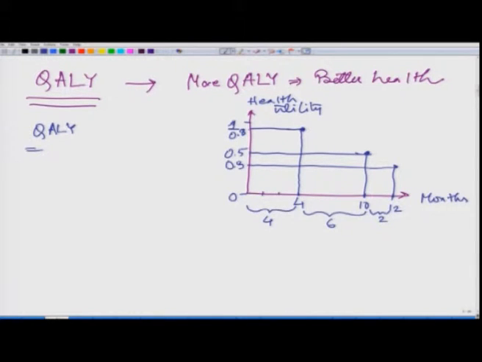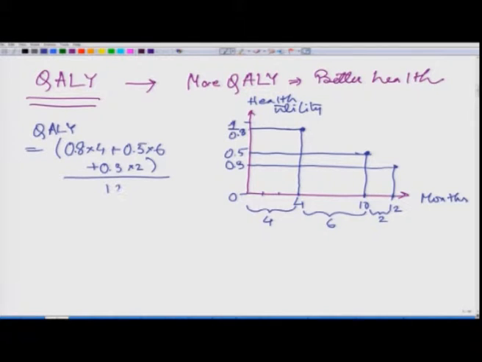Therefore, if I take an estimate, we do 0.8 into 4 plus 0.5 into 6 plus 0.3 into 2. This is the total QALY for 12 months. I will take an average, isn't it?